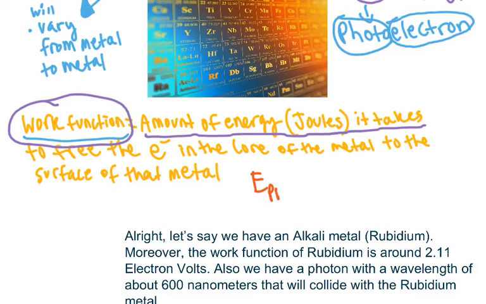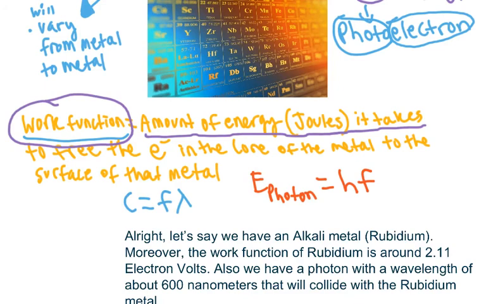That equation is: the energy of the photon is equal to Planck's constant times the frequency of that photon. And the next equation we'll have to know is that the speed of light is equal to the frequency times the wavelength. Now that we know those two equations, that'll help us in our example problems.